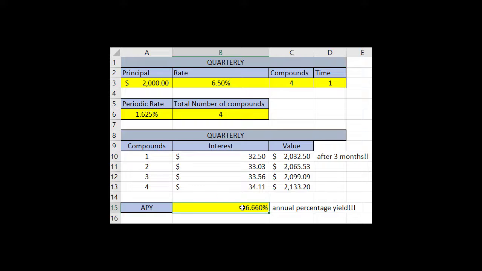And I get 6.60%, which is a little bit higher than my APR because I am compounding.